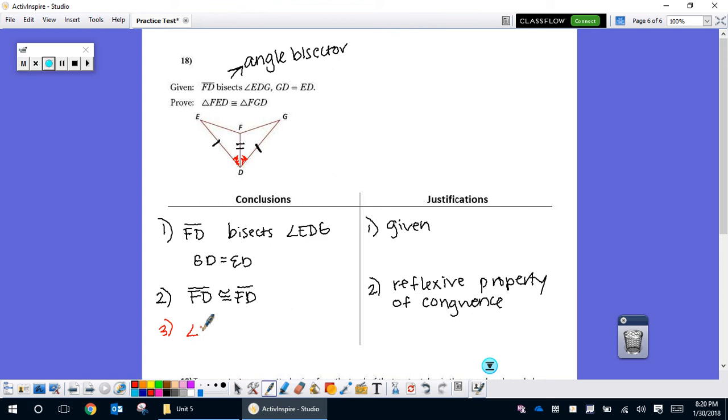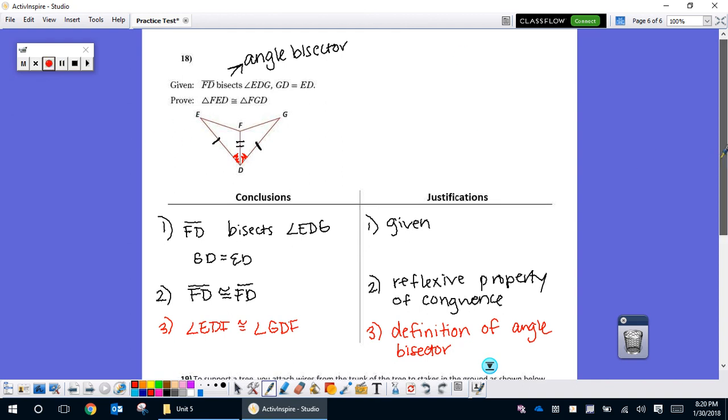So you have to come out and say angle EDF is congruent to angle GDF, and that's because of the definition of an angle bisector. So notice we were given an angle bisector and we used the definition of an angle bisector.